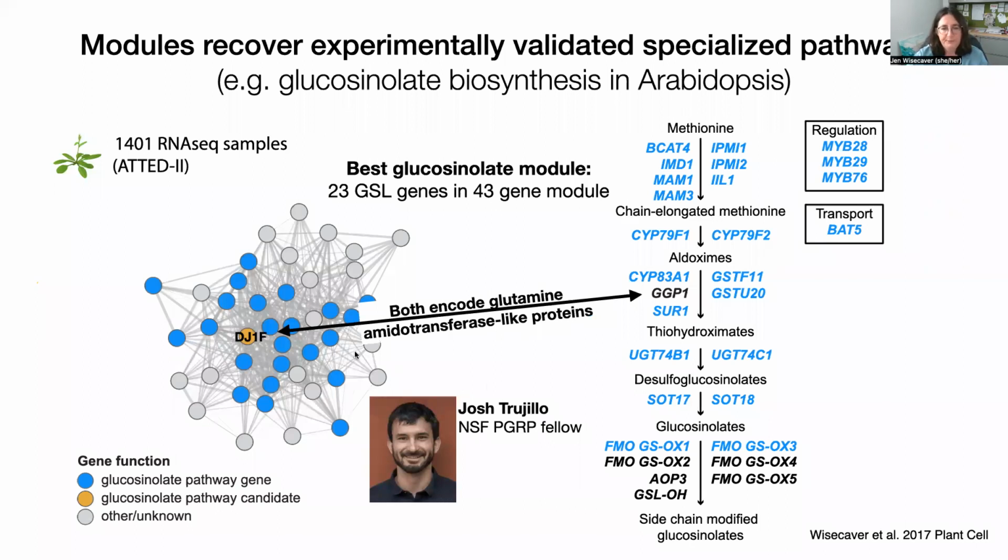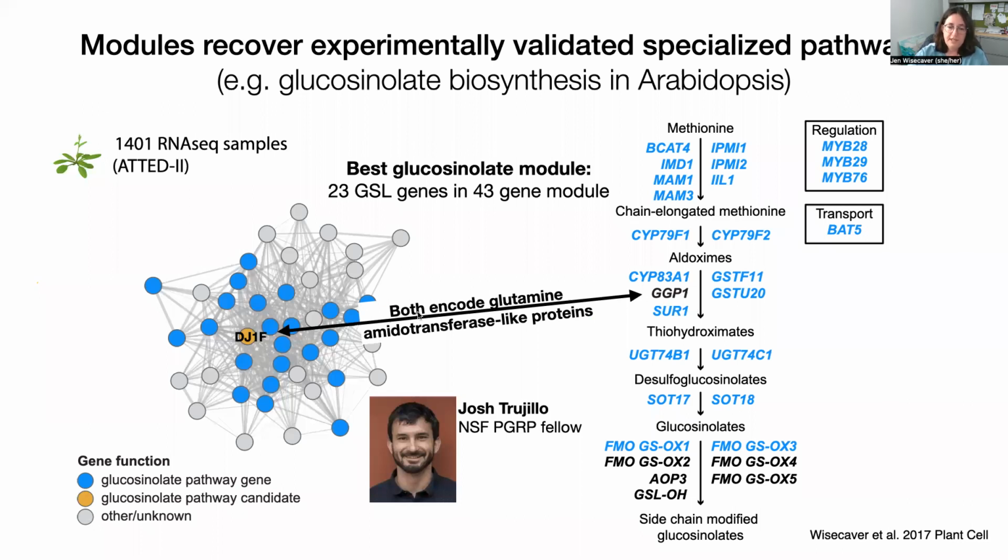And I was a bit surprised to dig into this pathway in more detail. It's not my background initially, but I learned that GGP1 has never been demonstrated to participate in glucosinolate biosynthesis in planta. It was flagged as a candidate based on microarray data and its heterologous activity in tobacco.